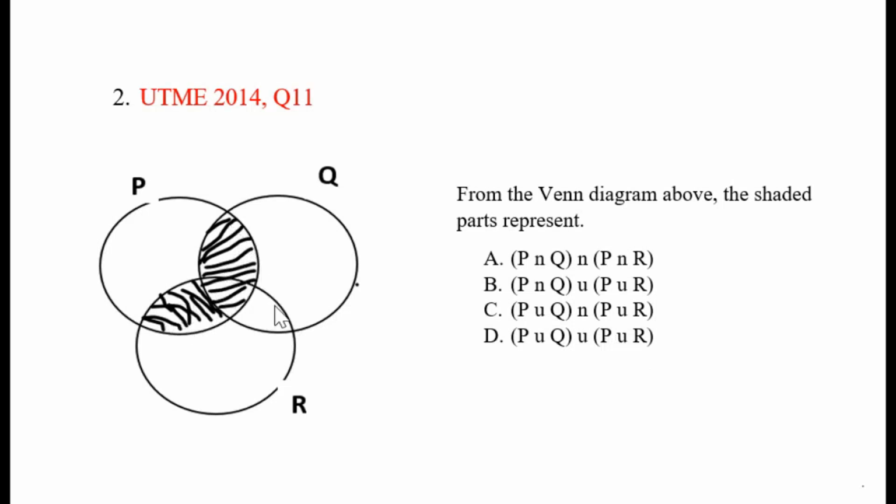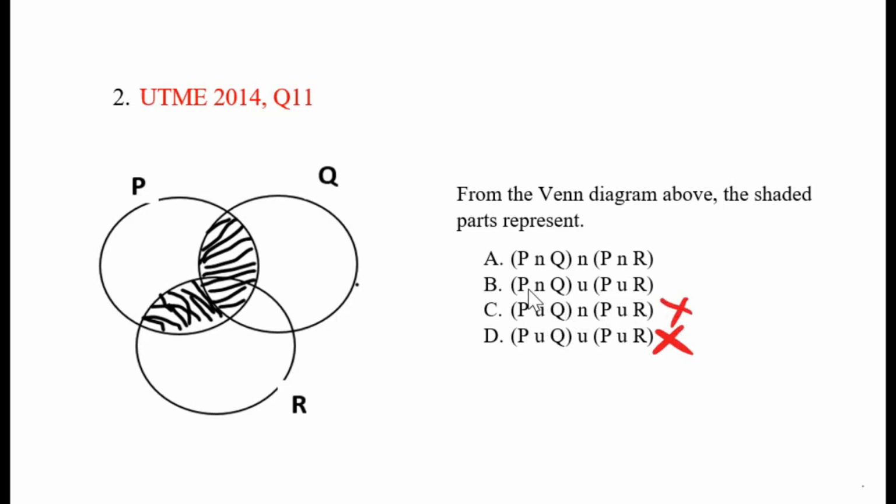But when we say P union Q, it could have covered this part of P and this part of Q as well. And P union R, which is this, you have to shade this area as well and this area. Therefore, this is not the answer. So anyone that has P union Q is not the answer.